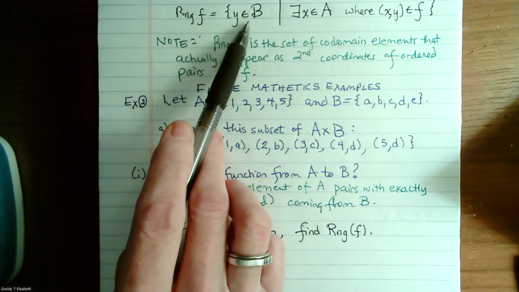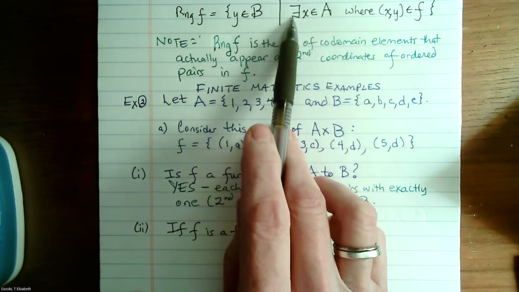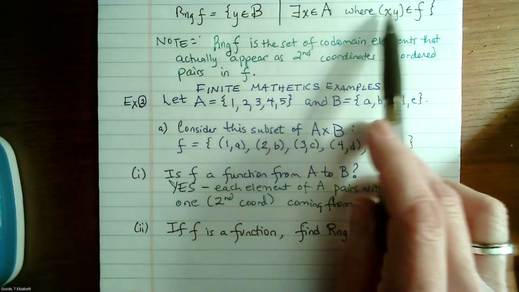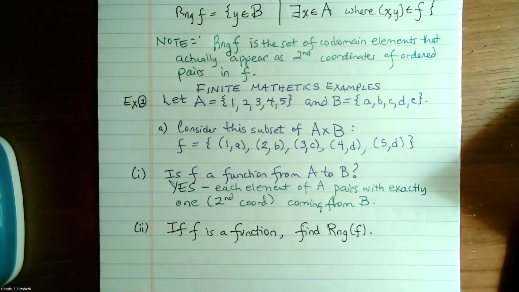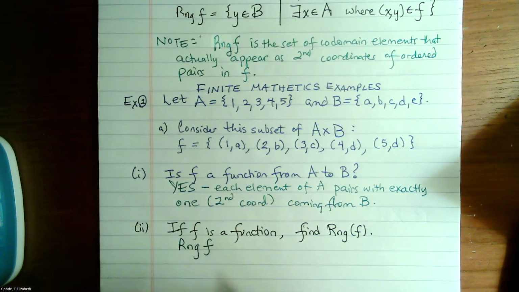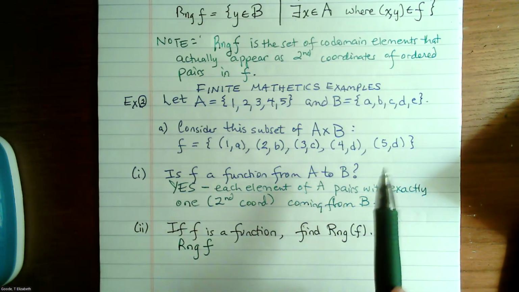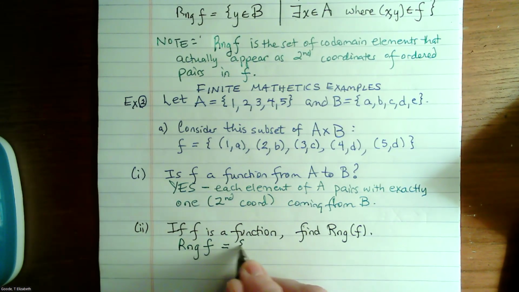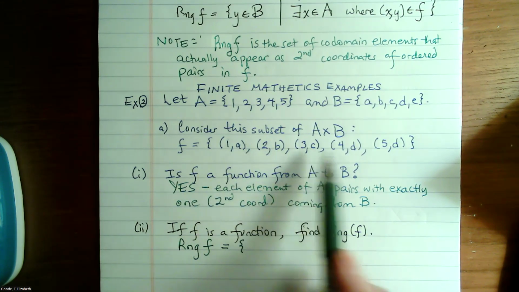It's the y's in B that actually appear as second coordinates. They're the y's that have an x, where an x exists in A, where x comma y is in F. So what is the range of F here, folks? You can just scan the set of second coordinates because those are the range values. Right? So little a, little b, little c, and little d.